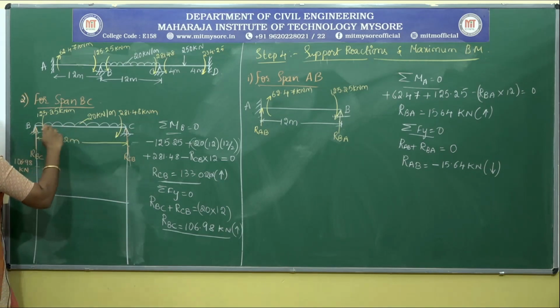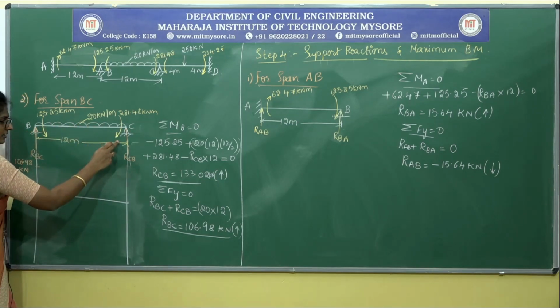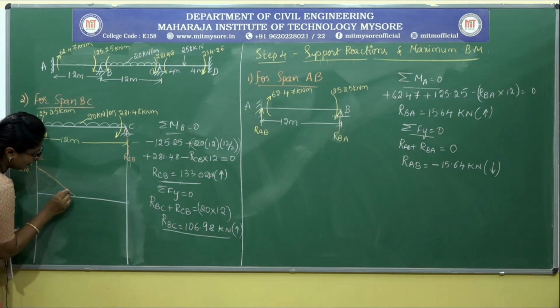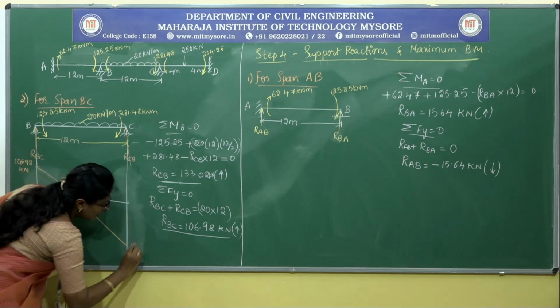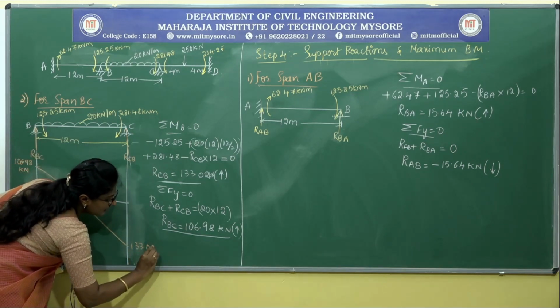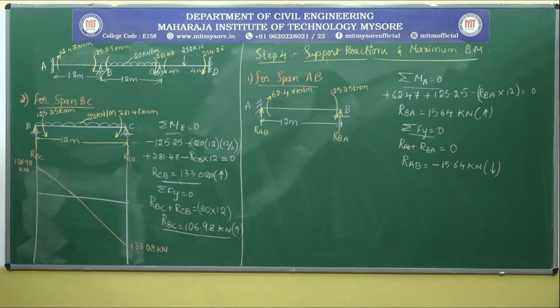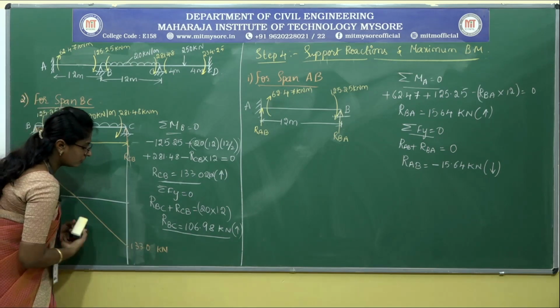From B to C, you have UDL acting over a distance of 12 meters. Since it is UDL, the variation is linear, so 106.98 acting upwards, minus 20 into 12 will give you 133.02 kilonewton.